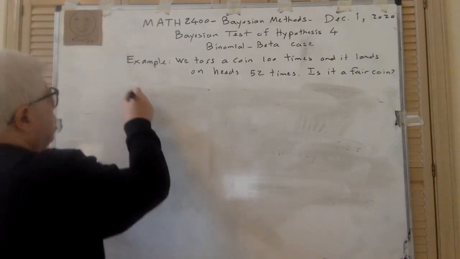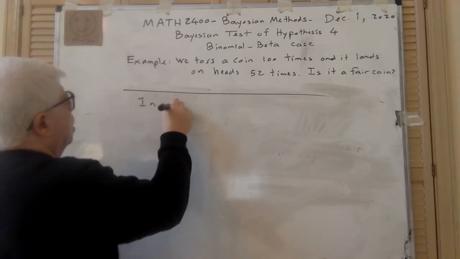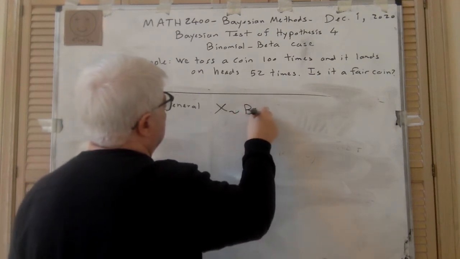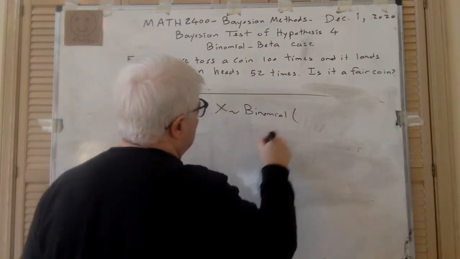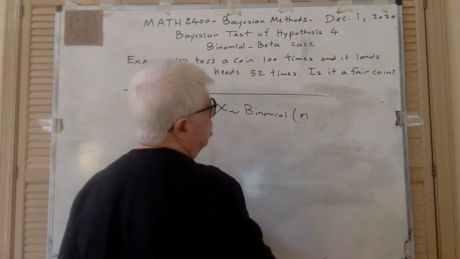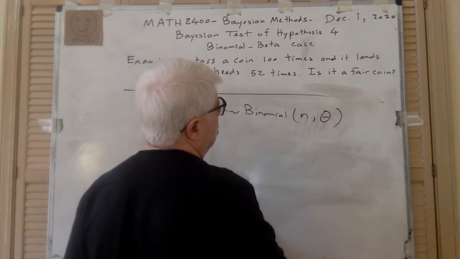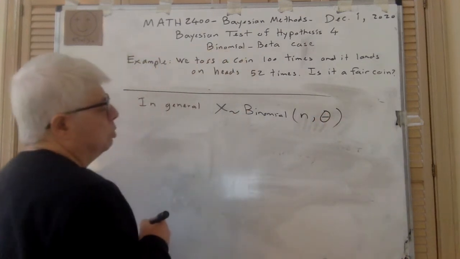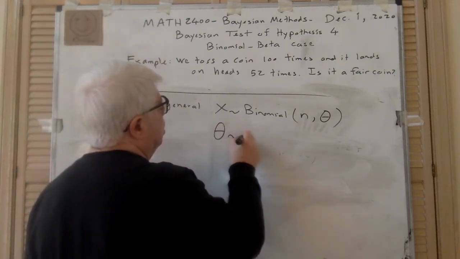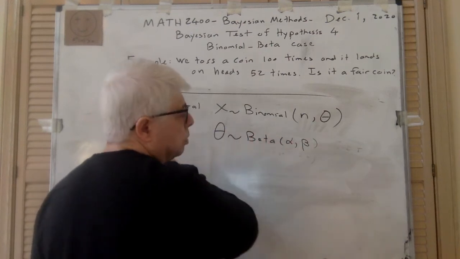In general, X is binomial, and you do an experiment n times, and the probability of success is unknown, a number between 0 and 1, so that's theta. And we assume that theta has a beta distribution with alpha and beta as parameters.